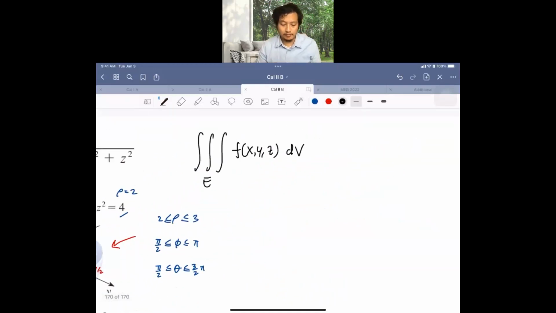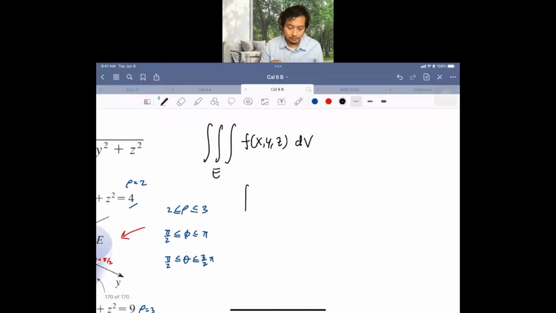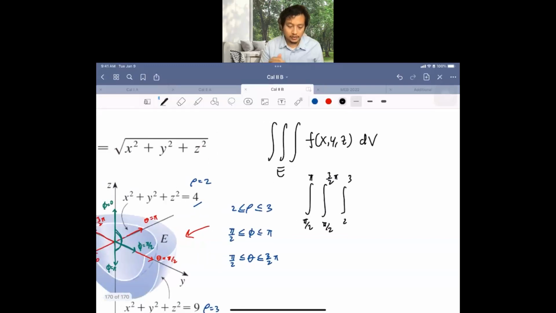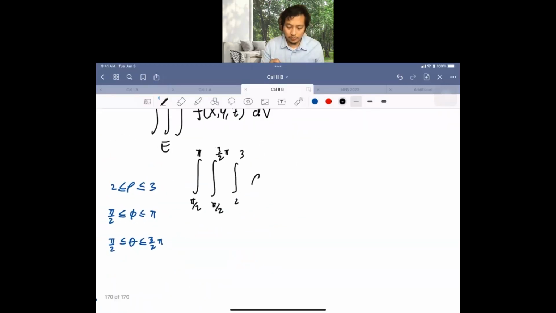And then the triple integrations will be, this is pi over 2, pi, and then pi over 2 to 3 over 2 pi for theta, and then 2, 3, and inside this is equal to rho squared, square root, and then this becomes rho. So it will be rho, and then multiply with rho squared sine phi d rho d theta.